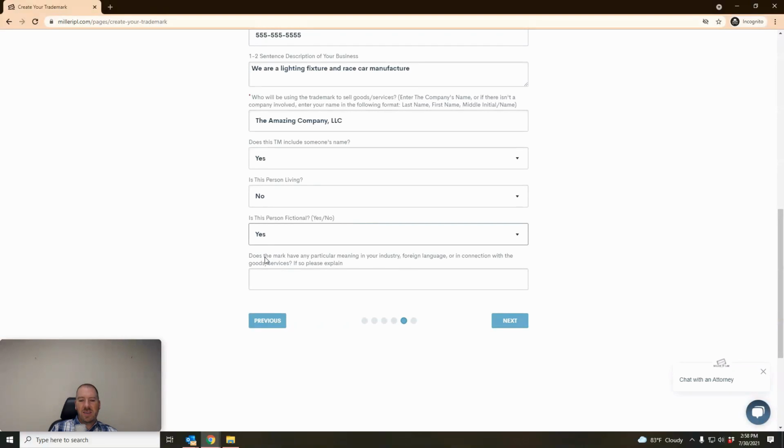And then the last thing is, does the mark have any particular meaning in your industry or in a foreign language, or is it connected with the goods and services? As an example, let's say you're taking the name of your product, Apple, and you're putting in the Spanish word for apple. Then you need to indicate that our mark is the Spanish word for apple.